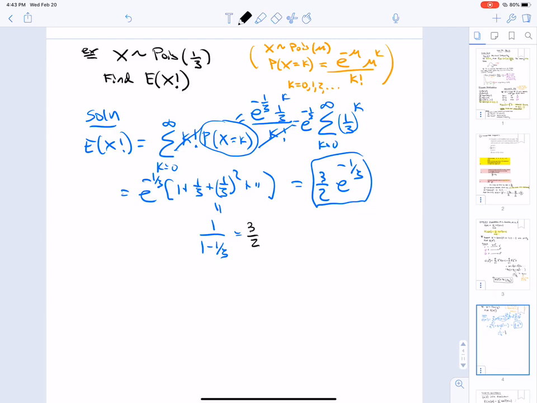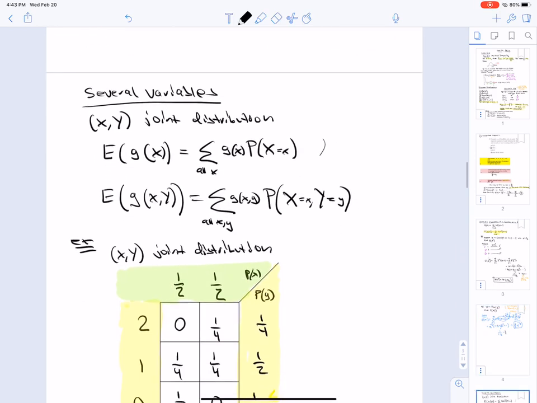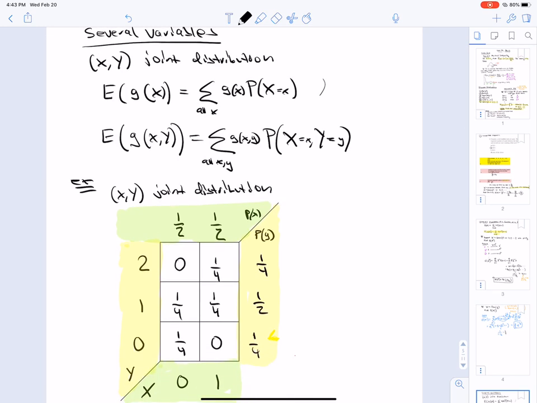Great. So then if we want to extend this to several variables, let's say we have a joint distribution. The expectation of g of x, as we said, we sum over all x's, g of x times the probability that x is x.